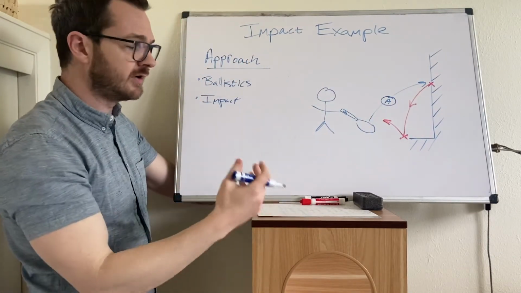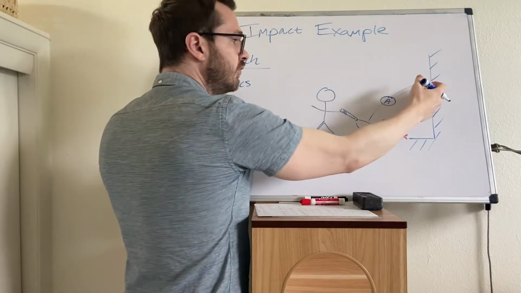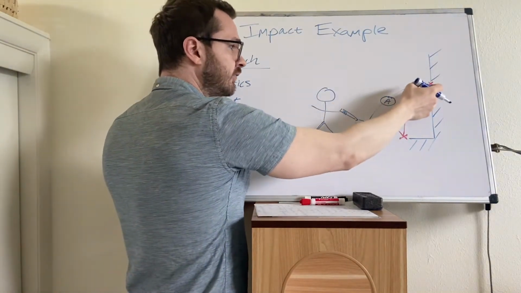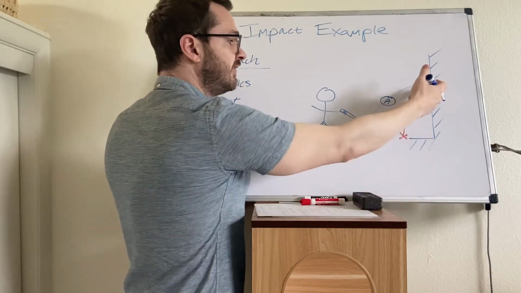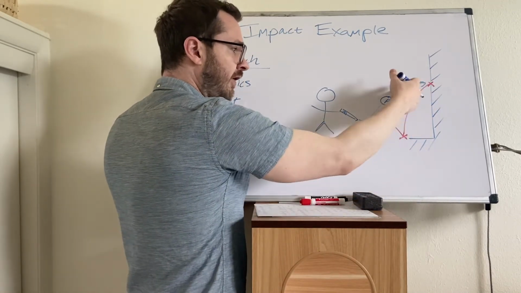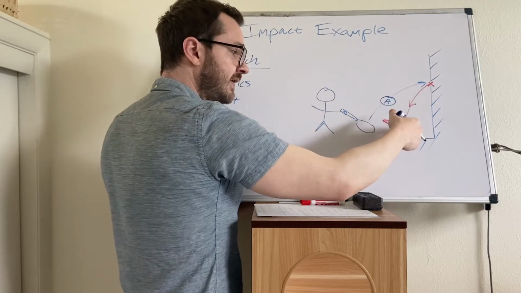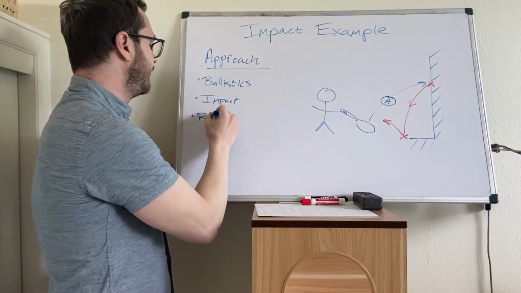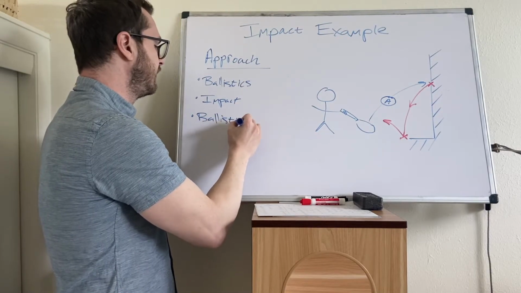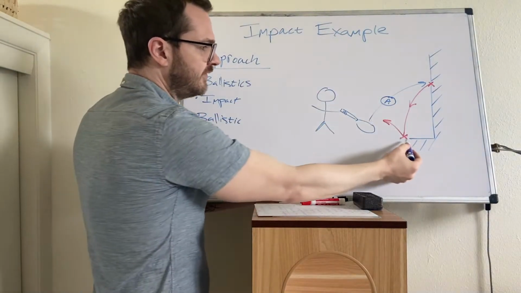Again, inelastic collisions. So through this impact phase, we need to solve for effectively a new set of initial conditions for a second ballistic phase, because now it's off of the wall, it's ballistic again, and then it's going to be dropping down to the ground. So we have another ballistic phase, and then there is a second impact.